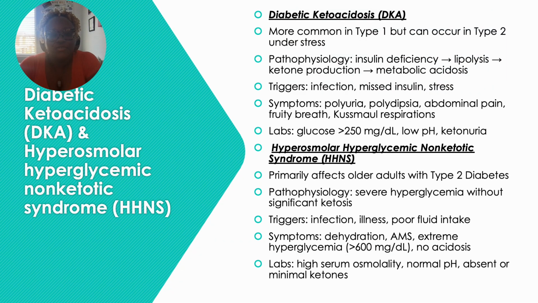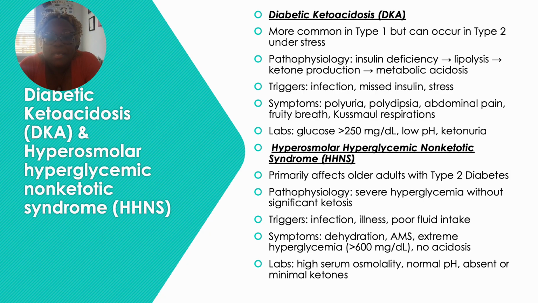Moving on to diabetic ketoacidosis and hyperosmolar hyperglycemic non-ketotic syndrome, HHNS. With DKA, this is more common in type 1, but can occur in type 2 under stress.